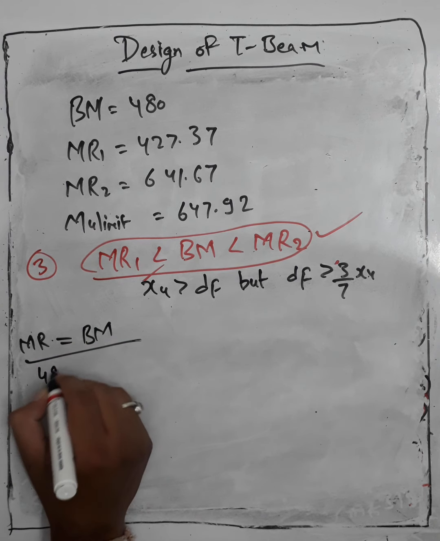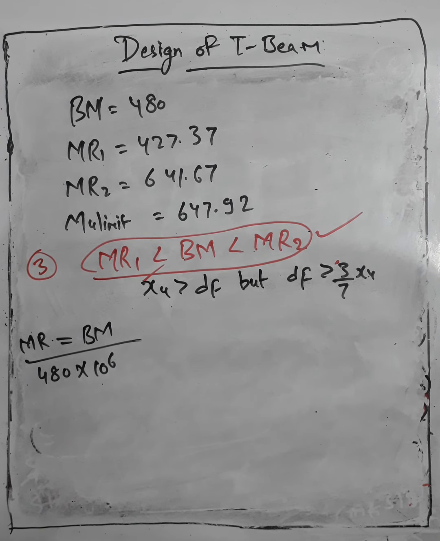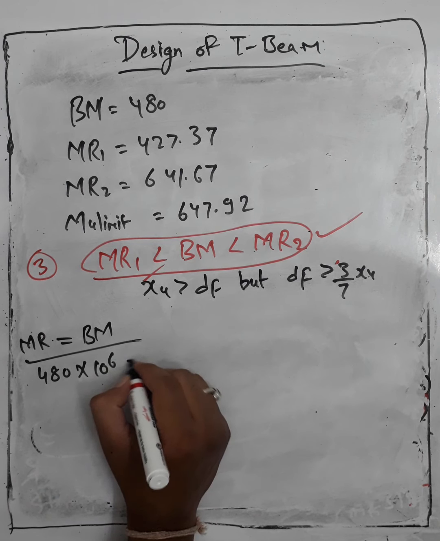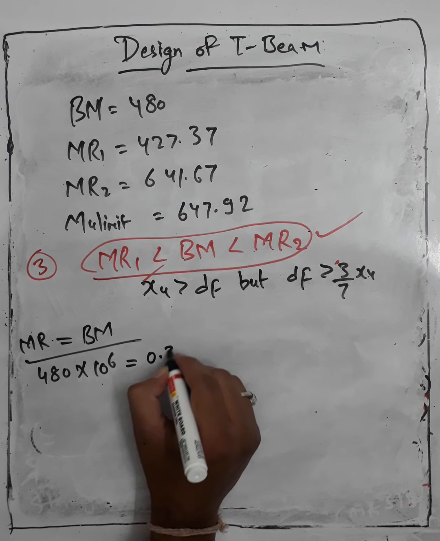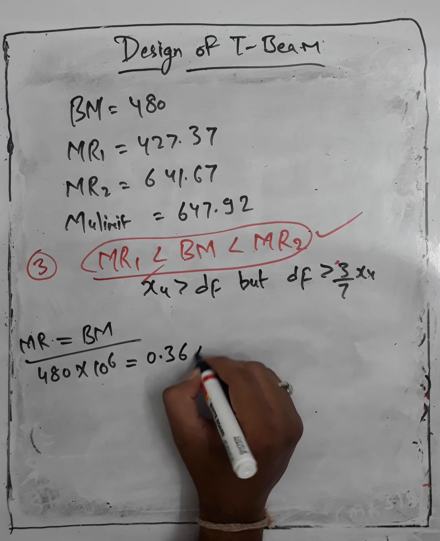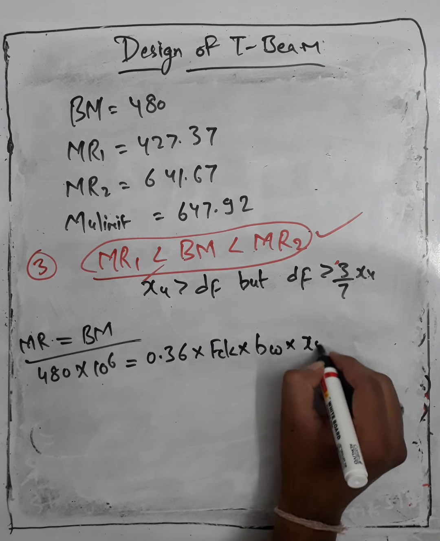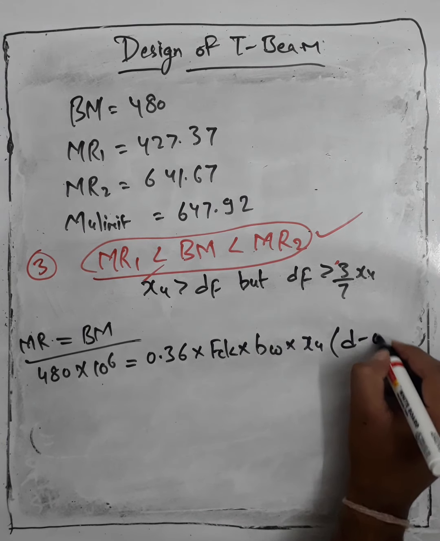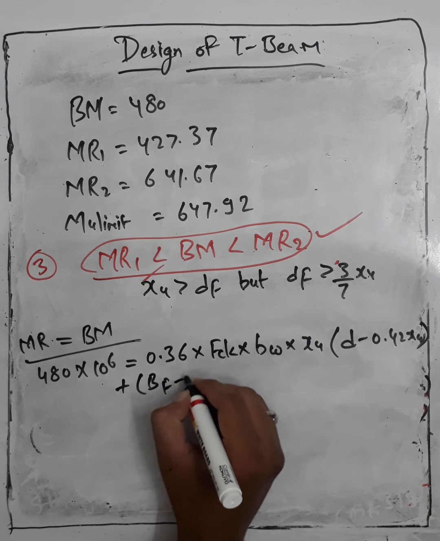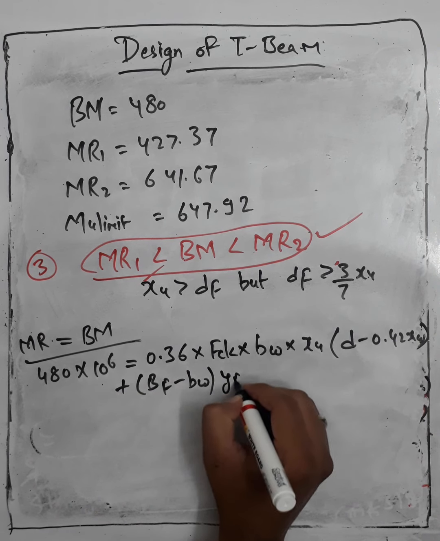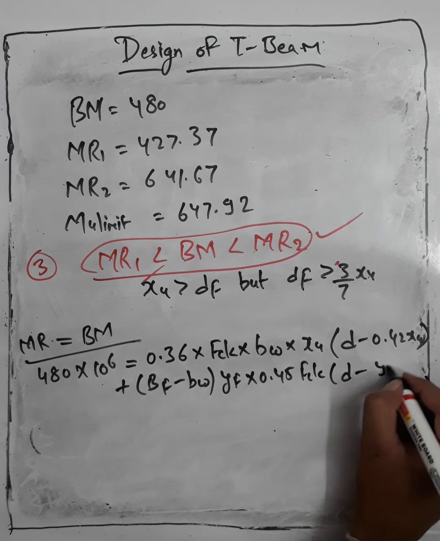The bending moment is 480 × 10⁻⁶, because we have to convert this into Newton mm, equal to 0.36 fck bw xu (d − 0.42 xu) + (bf − bw) yf × 0.45 fck (d − yf/2).